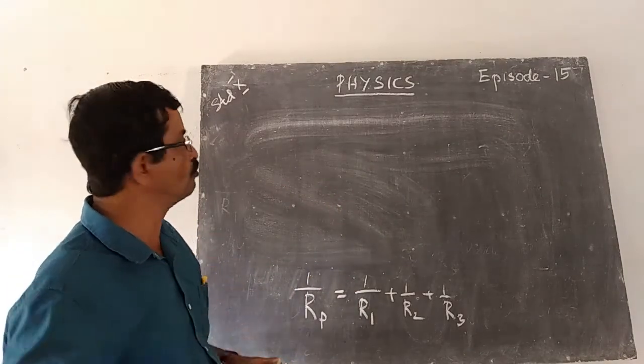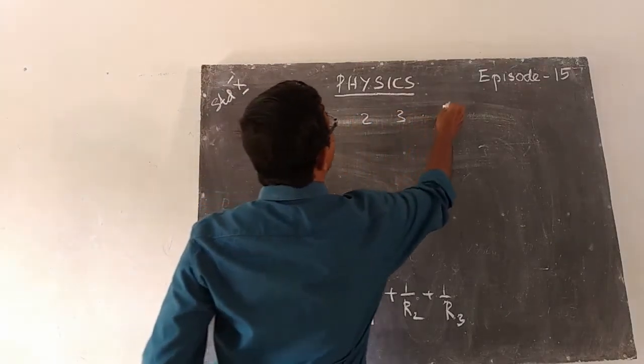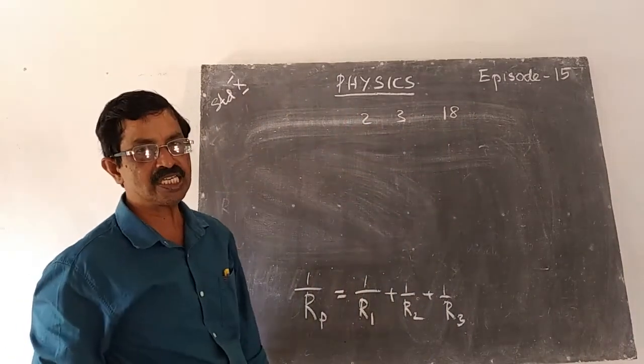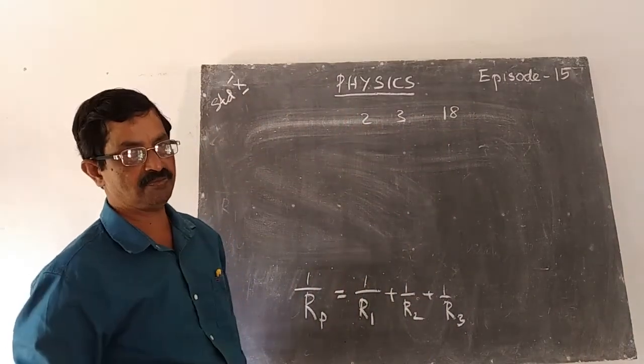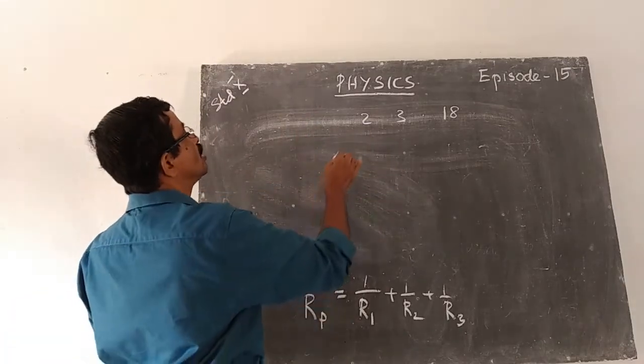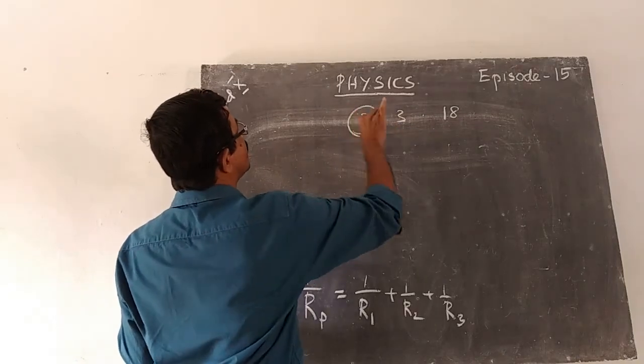For example, if 2 ohm, 3 ohm and 18 ohm resistors are connected in parallel, then the effective resistance becomes smaller than the smallest. Here the smallest resistance is 2.